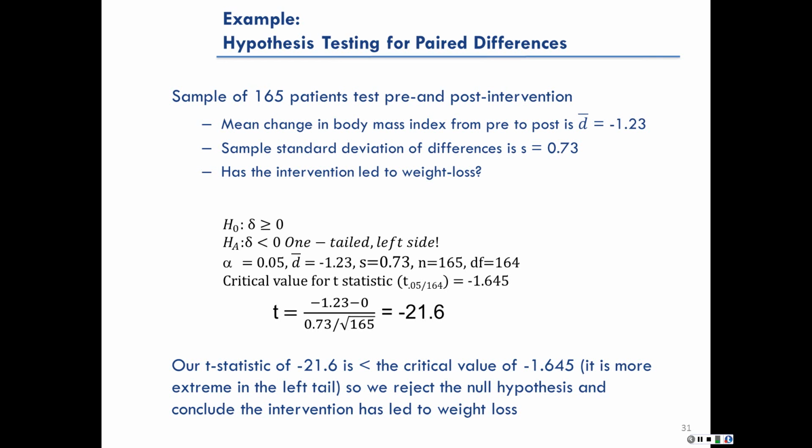When we actually calculate the t-statistic for our sample, you can see it plugged into the formula there. We get a value of negative 21.6. This value of negative 21.6 is much lower than our critical value of negative 1.645, meaning it's more extreme in the left tail. So we reject the null hypothesis, and in this case conclude that our intervention has indeed led to weight loss.